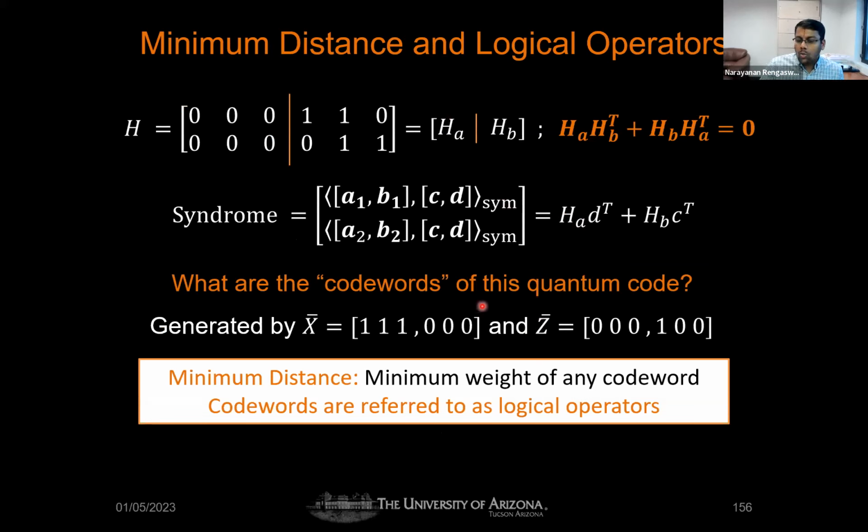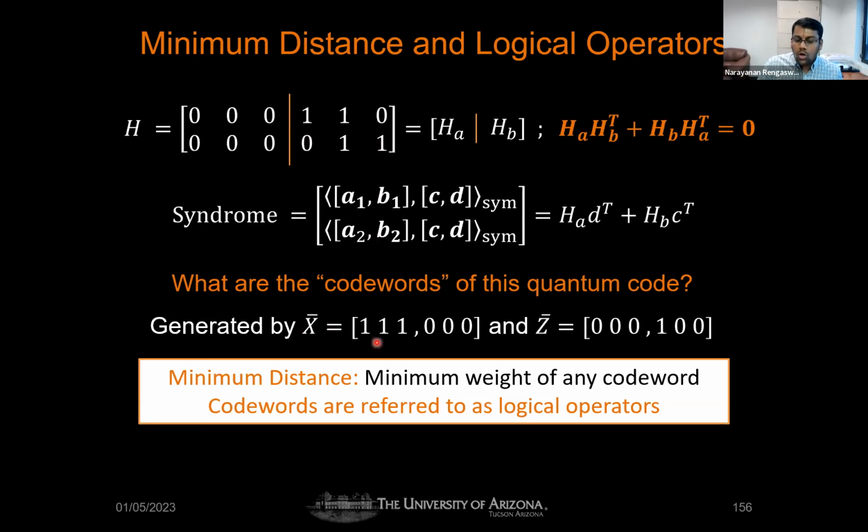And now what are the code words of this code? So for the classical case, code words were those vectors that satisfy all the parity checks, meaning that the syndrome for the code word will be 0. Similarly, in the quantum case, you know that the stabilizers will have 0 syndrome because stabilizers commute with each other. And so if you measure the stabilizers, that's how it works.